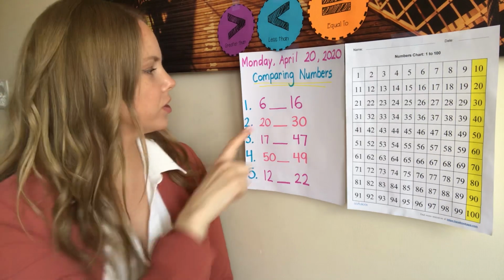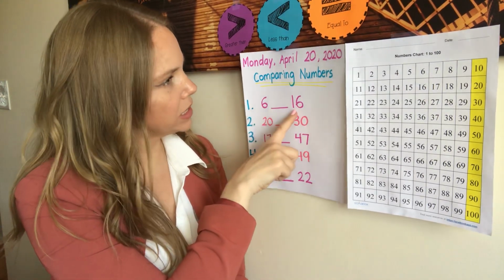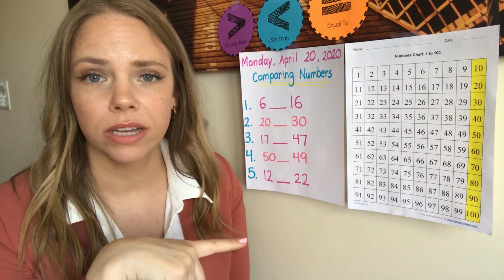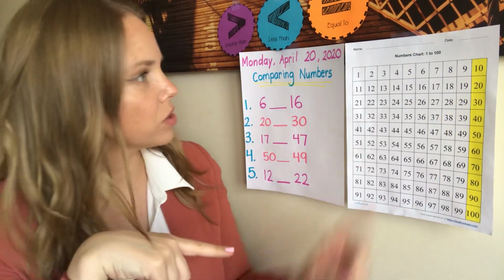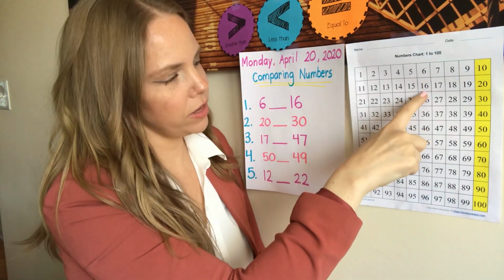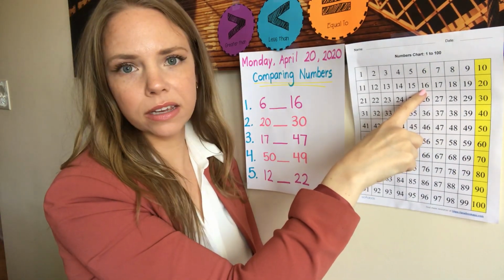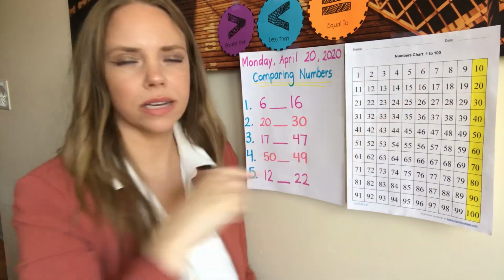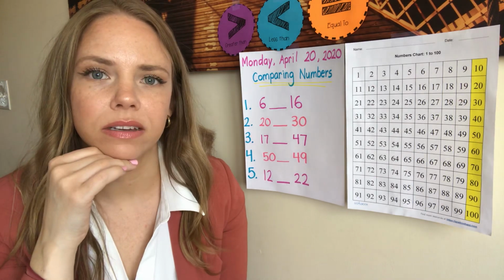Okay, so let's look at that number 6 and 16. I also have my hundreds chart here to help me as well. Okay, so here I have the number 6, and here I have the number 16. Which number is greater, 6 or 16?